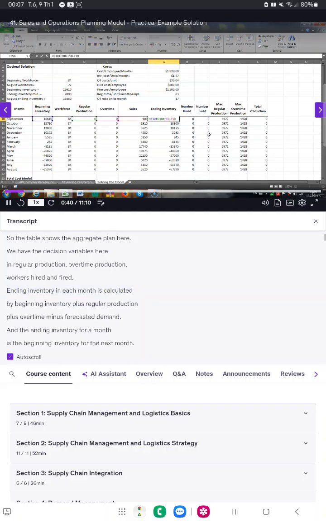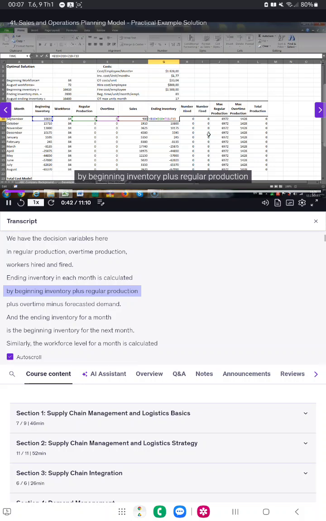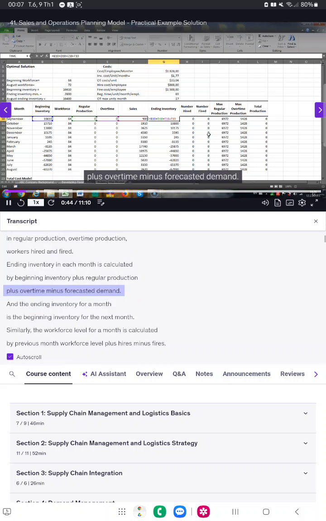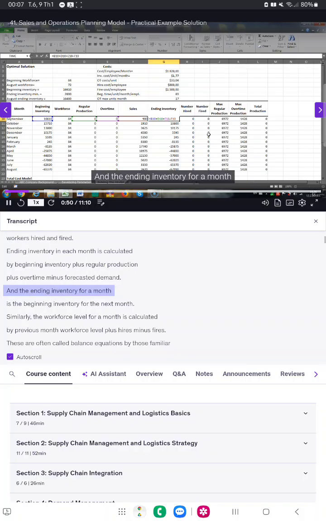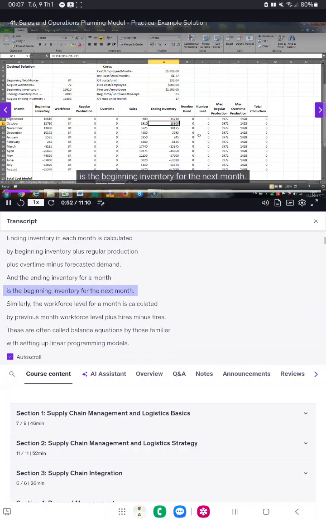Ending inventory is calculated by beginning inventory plus regular production plus overtime minus forecasted demand, and the ending inventory for a month is the beginning inventory for the next month.